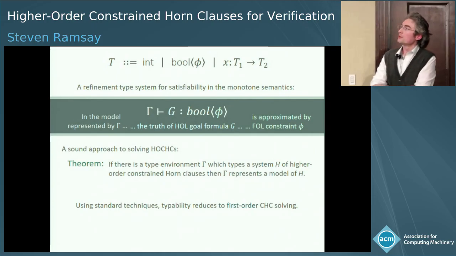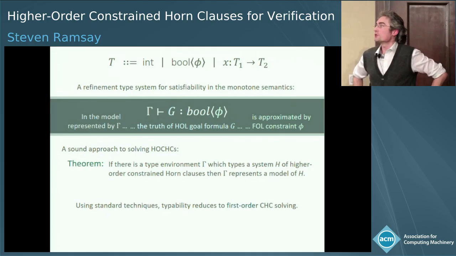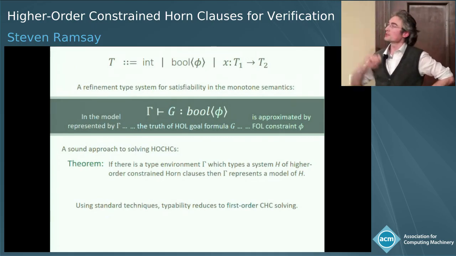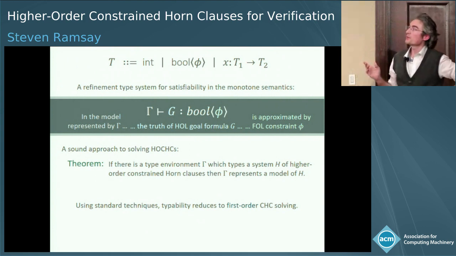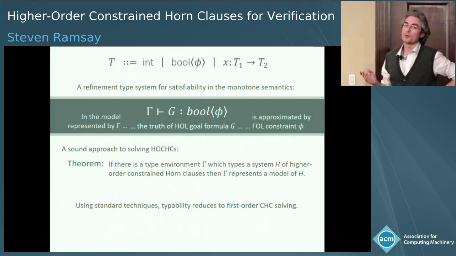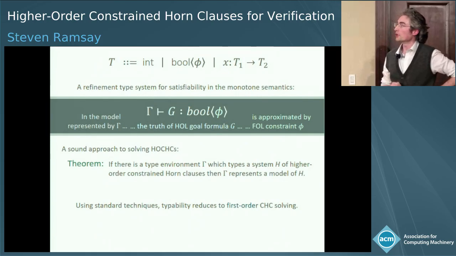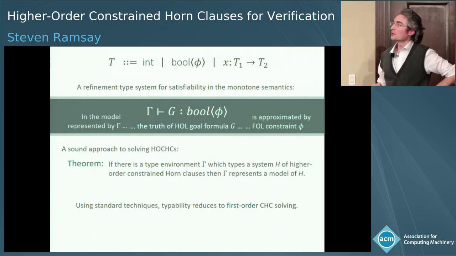And the key idea of this refinement type system can best be seen when we consider a judgment that has this shape. So we have some type environment gamma. We have a goal formula G. A goal formula is just the body of a clause. And you have this type bool refined by a first-order constraint phi. And the important thing to note is that this constraint formula phi is a simple object.